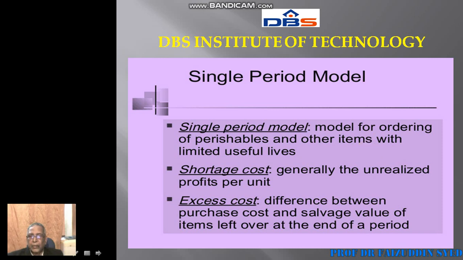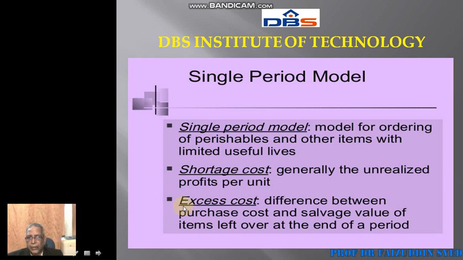Single period model. Single period model is for ordering of perishable and other items with limited useful lives. Then shortage cost. Generally the unrealized profits per unit is expected.